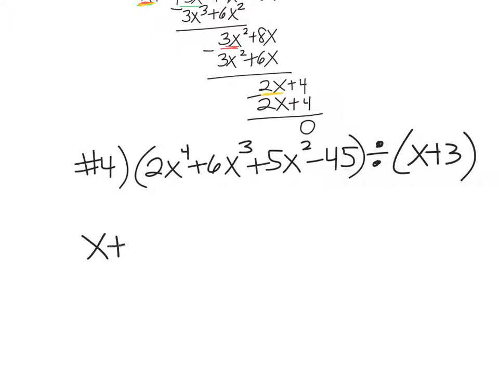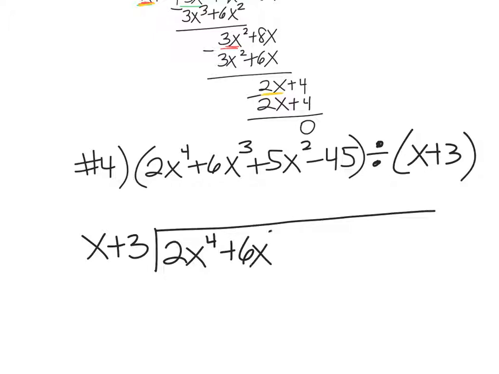You're going to take x plus 3, and you're going to divide it into this thing, but wherever you see any gaps, you need to fill them in with zeros, okay? So 2x to the 4th plus 6x cubed plus 5x squared, and then we're missing an x term, a linear term here.